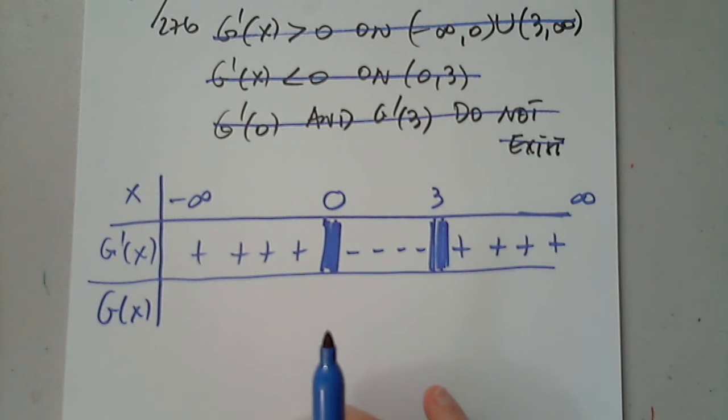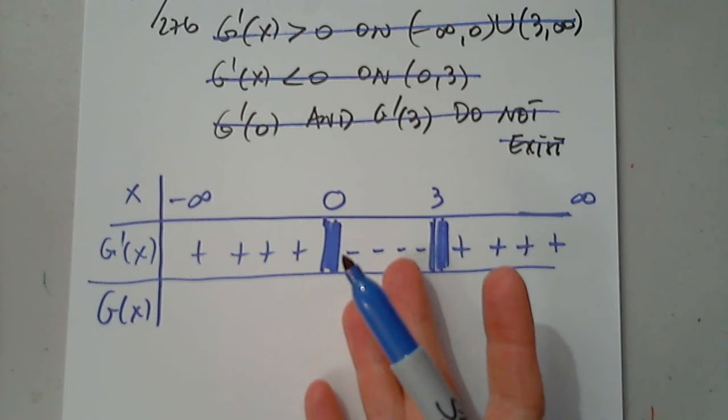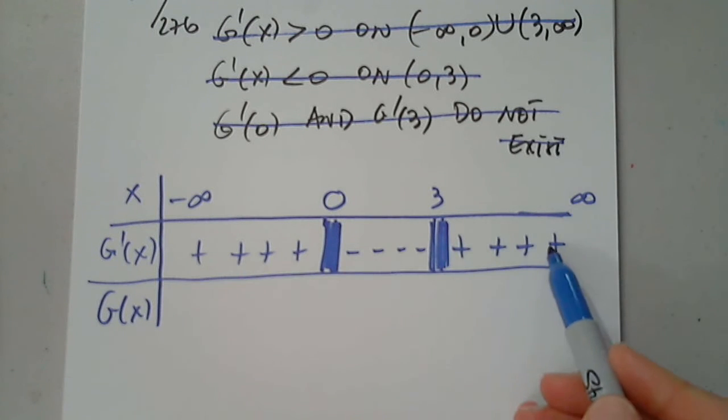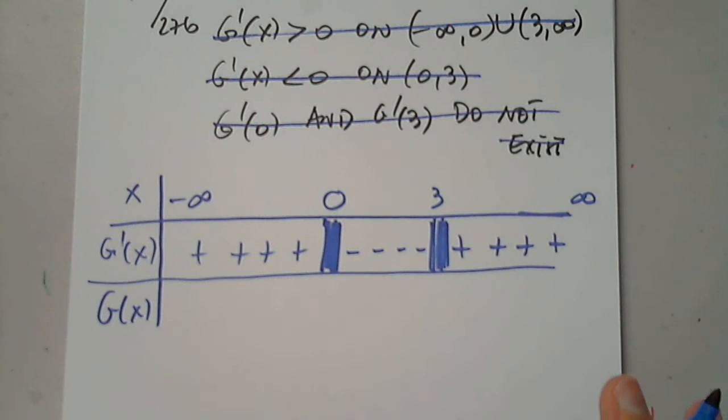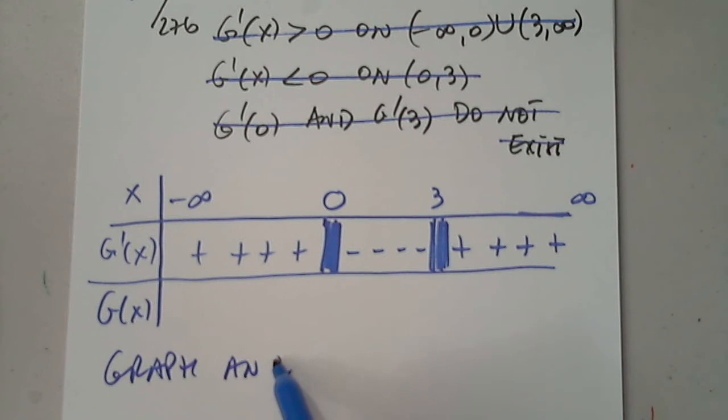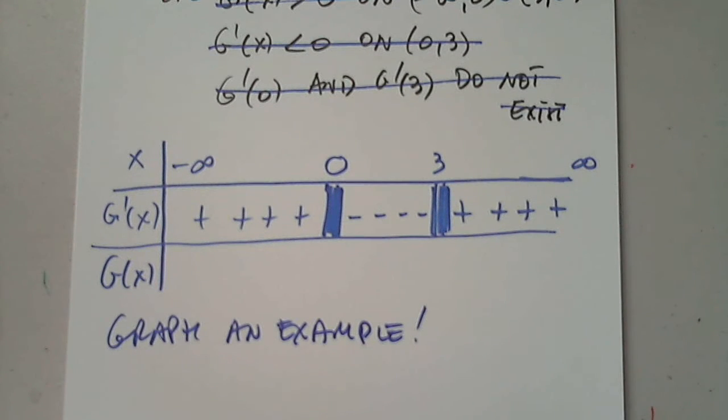I may come up with an example of a graph or a function that fulfills all the conditions given to us, and you may come up with a totally different one. It's okay. We are asked to graph an example. In other words, there are infinitely many correct answers.